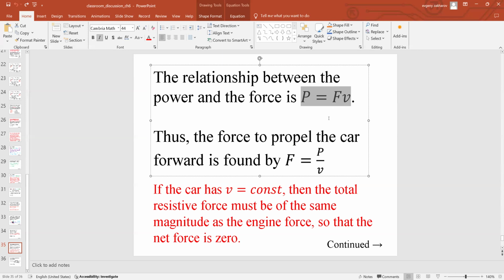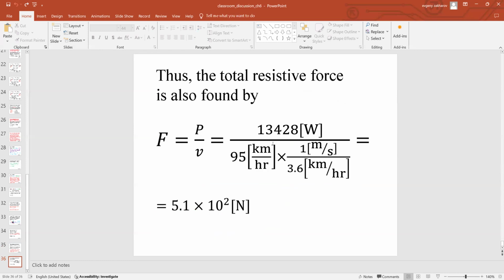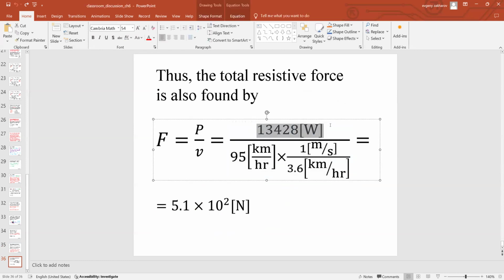This little trick allows us to solve for the force right away. It's just power divided by velocity. Especially if velocity is constant, you don't have to bother with calculus. And we do the calculations. We got the power given. Velocity must be converted to System International, of course, 95 kilometers per hour.